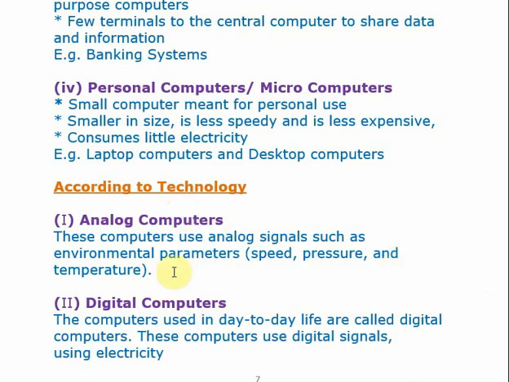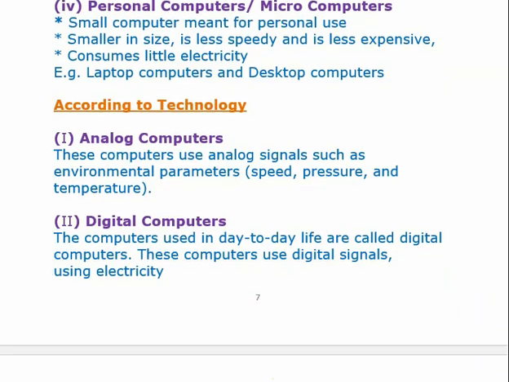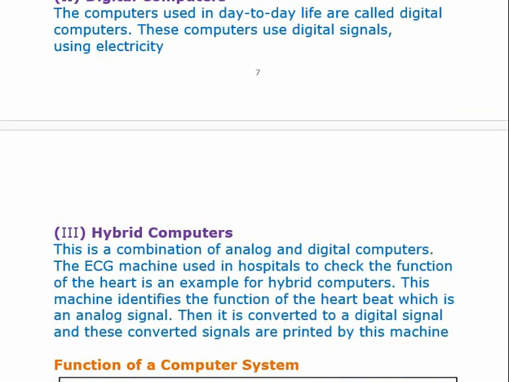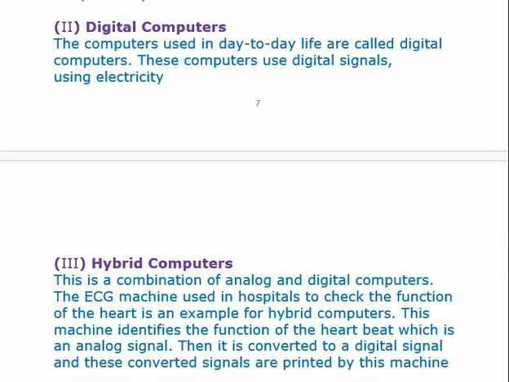When we combine these two together, then we call it hybrid computers. Now digital computer means all day to day devices like washing machine, TV, computers, laptop, tab, smartphone, all these are digital computers. When we combine these two together, then we call it hybrid computers. Example, ECG machine.